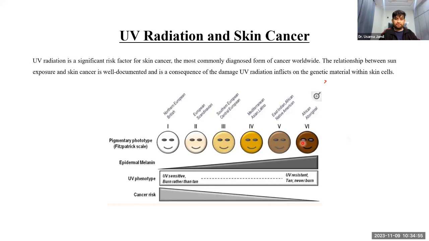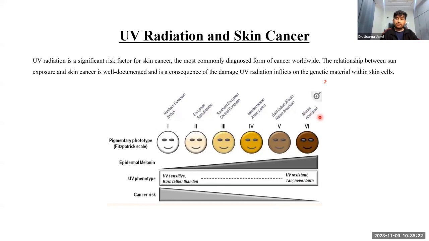So this is another graph, shown with various races and UV exposure versus cancer risk. This one lists North European, British, Scandinavian, Southern European, Central European, Mediterranean, Asian, Latinos, Eastern Indian, African, Native Americans, and Aboriginal.